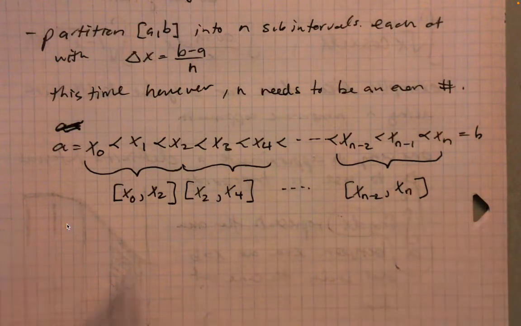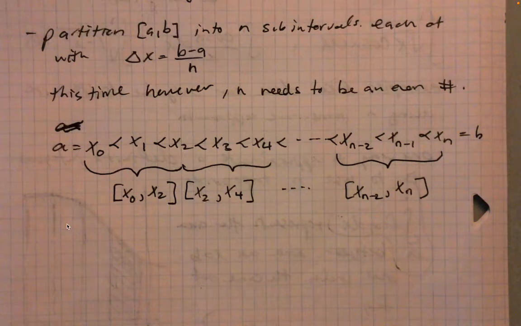Okay, no problem doing this. We just have to keep at the front of our minds that all we require is that n be an even number, 2, 4, 6, whatever, so that the double subintervals will actually exist.